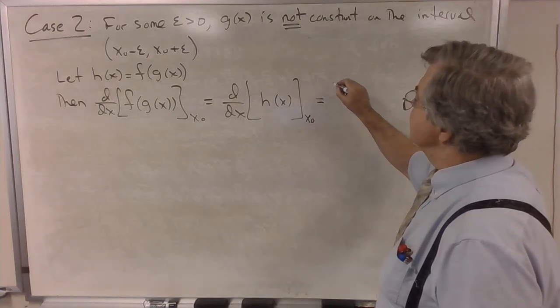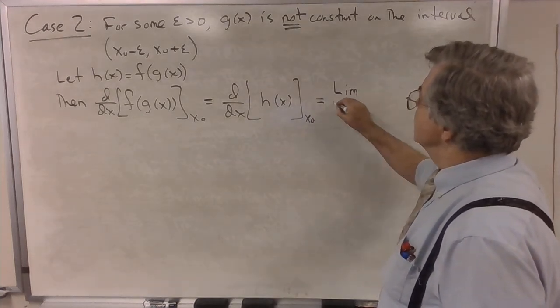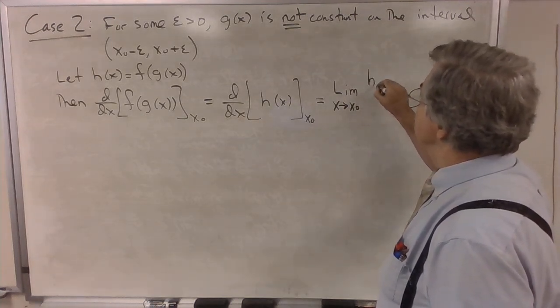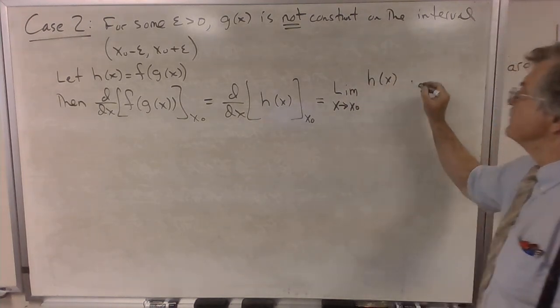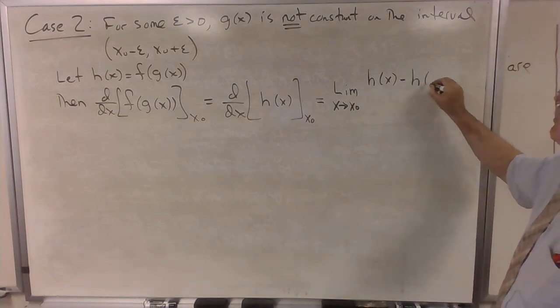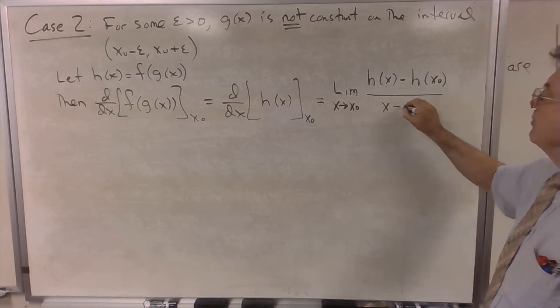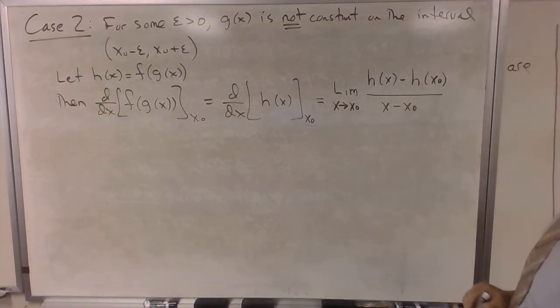And by definition, that's the limit as x approaches x naught of h of x minus h of x naught over x minus x naught.